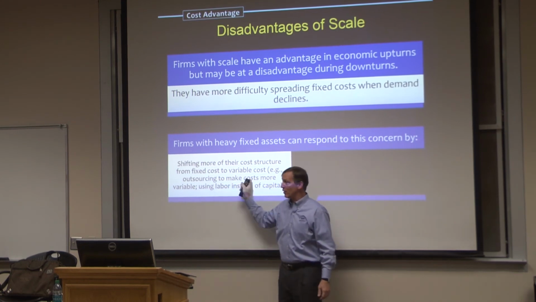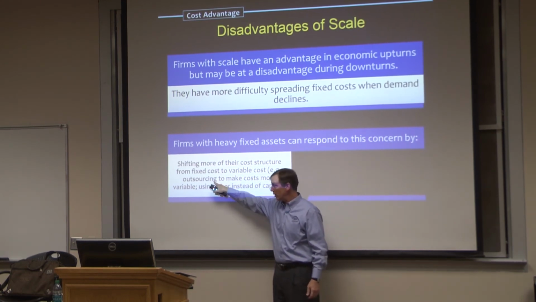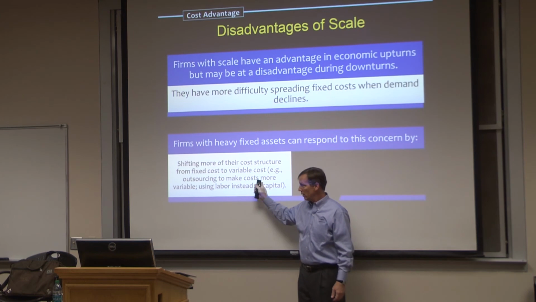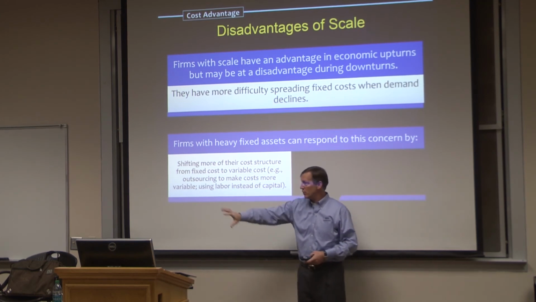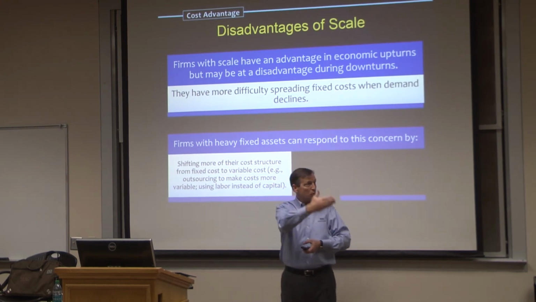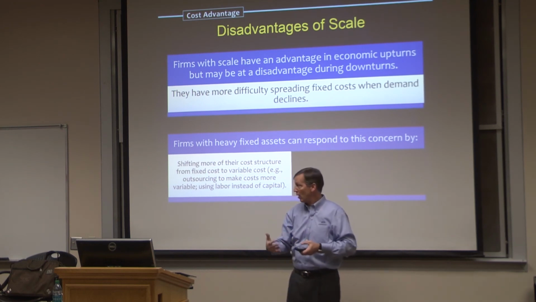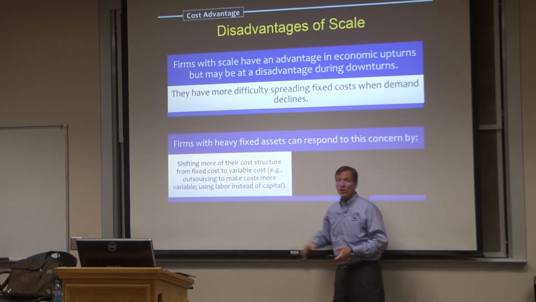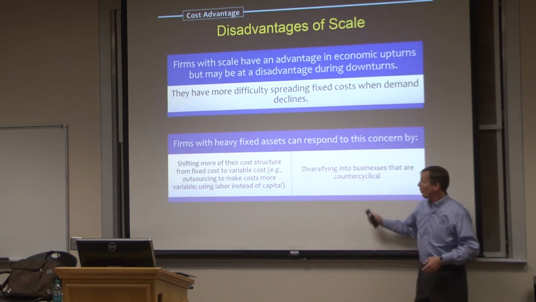That means there's less leverage, so it's less good in an upturn, but it's better in a downturn. A variable cost means let's outsource it to another company. That way if our volumes go down, we just don't buy as much. Whereas if we have our own plant and equipment and our labor, and our volumes go down, then we still have to pay for that regardless. So that's what I mean by shifting it to variable cost.